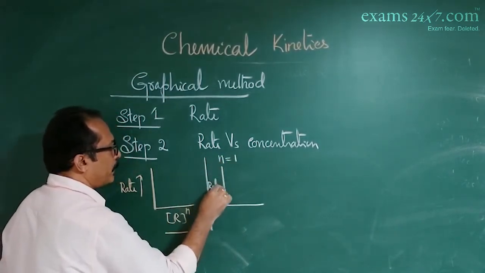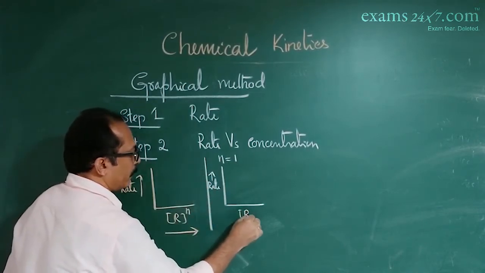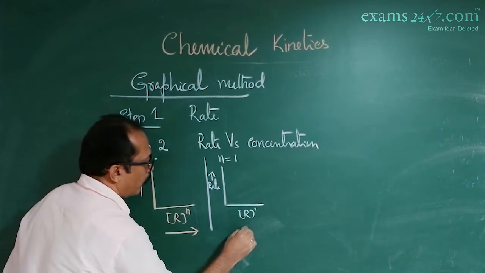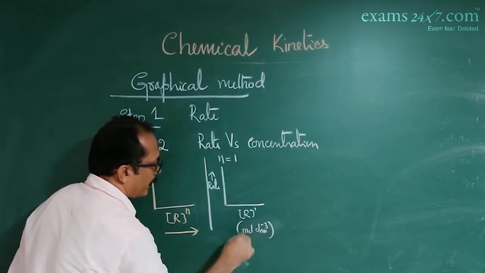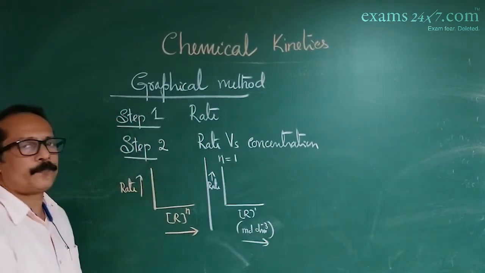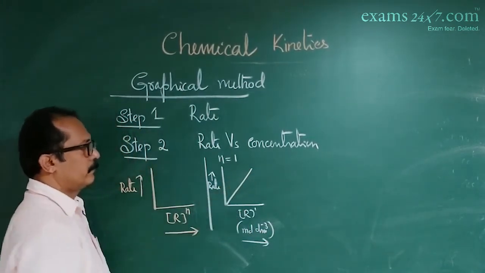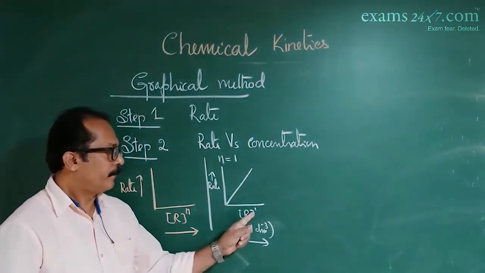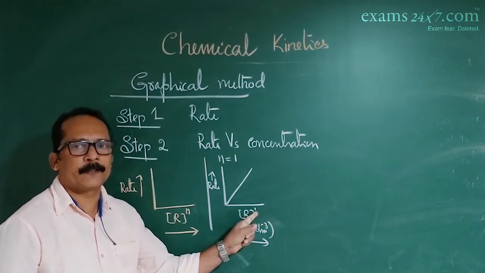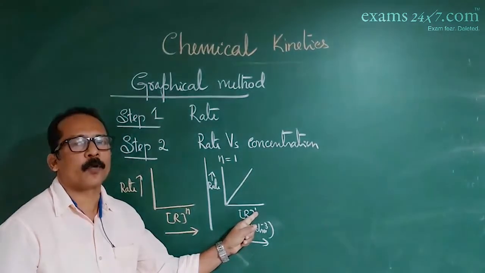Very important part, just observe this: rate versus concentration, that means mole per dm cube. It gives a straight line passing through the origin. If it gives a straight line, then the value of n is equal to the order of the reaction. So the value of n is 1, therefore the order of the reaction is 1.